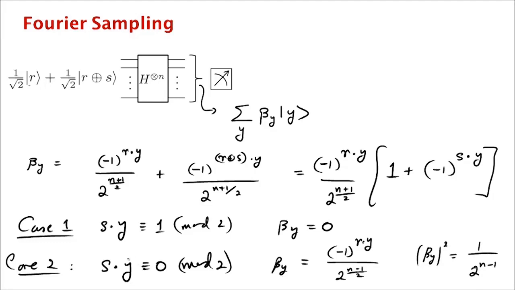Exactly half the y's have the property that y dot s is congruent to 0 mod 2. Out of the 2 to the n possible n-bit strings, half of them have this property. And we are sampling each one with equal probability, exactly 1 over 2 to the n minus 1. So the net effect is, after the Fourier sampling, we have a random linear equation on s.